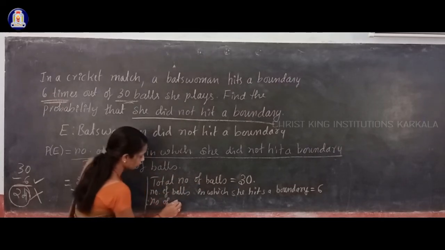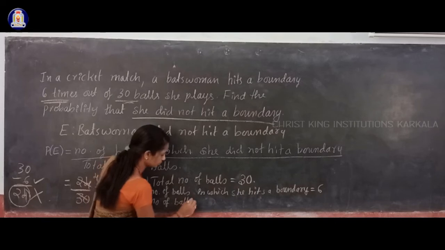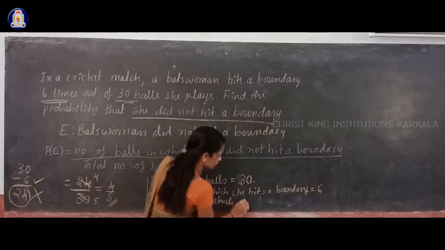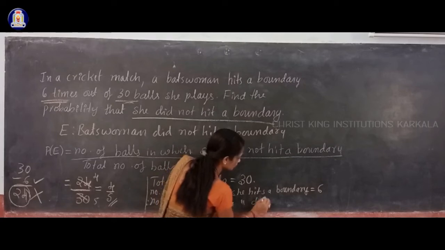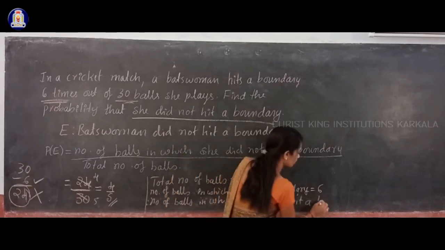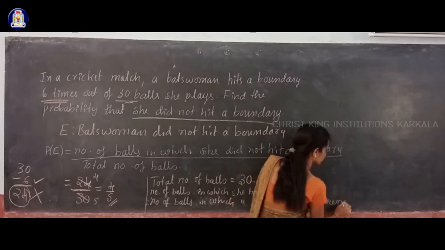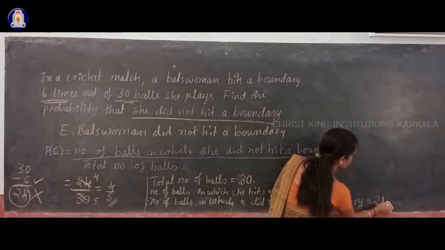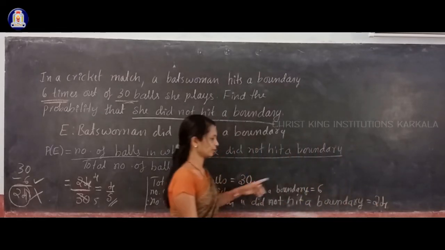Therefore the number of balls in which she did not hit a boundary is 24.